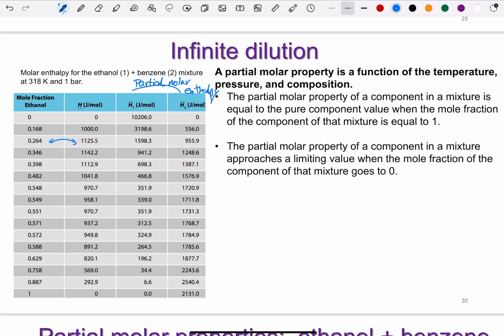Okay, so when the mole fraction of a component in a binary mixture, let's say I have two components, approaches 1, right? So let's say X1 goes to 1.